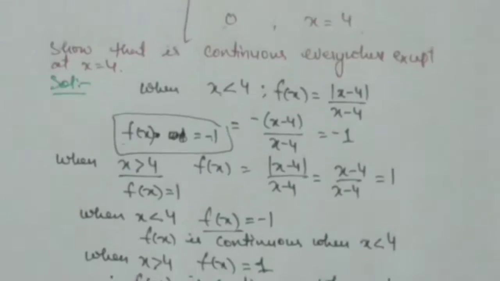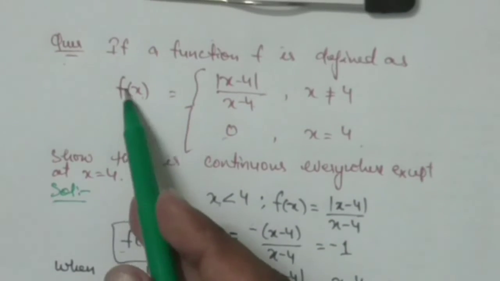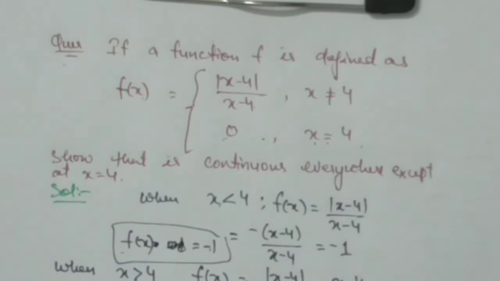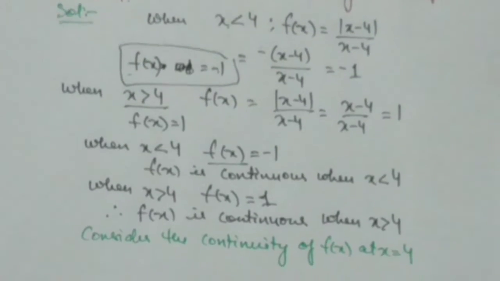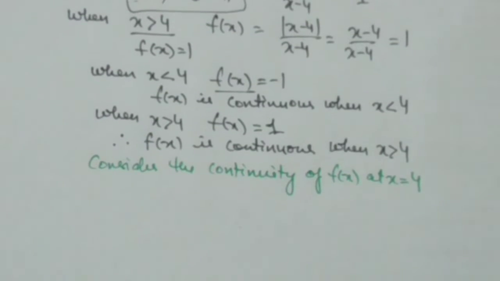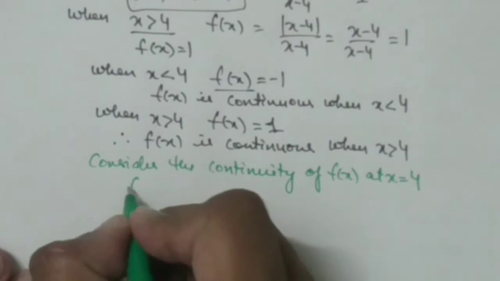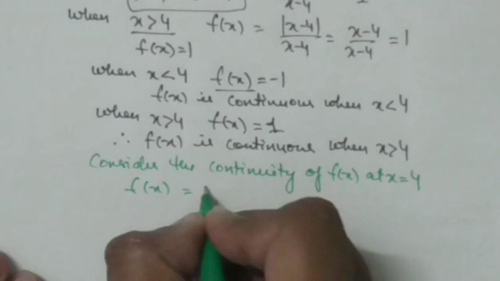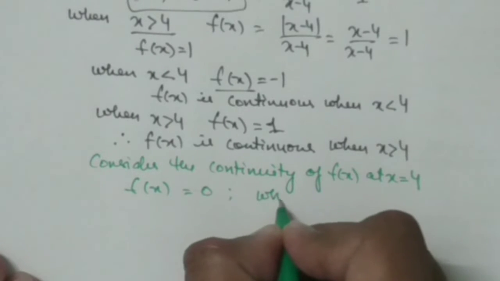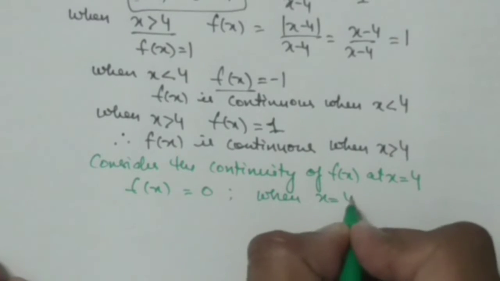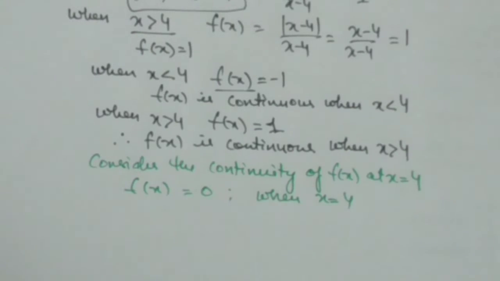Now see the definition of the function. f(x) is equal to 0 when x is equal to 4, right? So f(x) is equal to 0 when x is equal to 4. Now we have to consider the continuity of f(x) at x equal to 4.